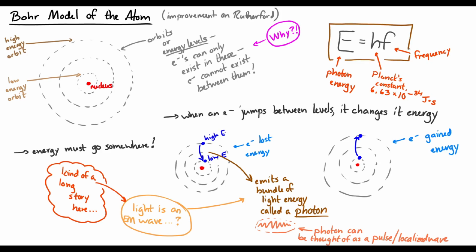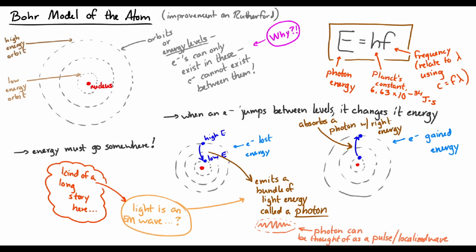And we can relate that to the wavelength, right, with c equal to f times lambda. So in this Bohr model of the atom, the electrons can bounce between energy levels, but if the electron bounces to a lower energy level, it emits a photon. And if the electron jumps to a higher level, it had to absorb a photon of just the right energy.